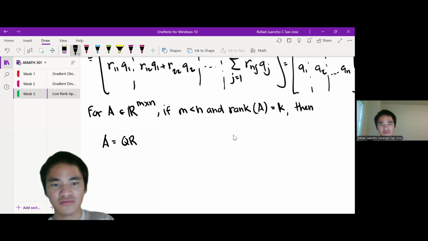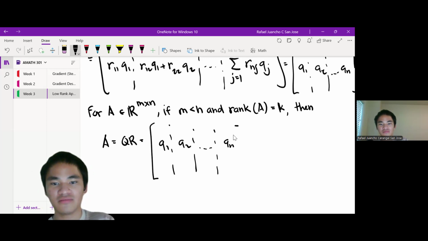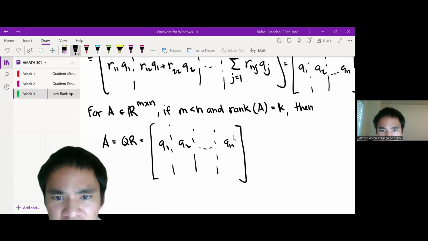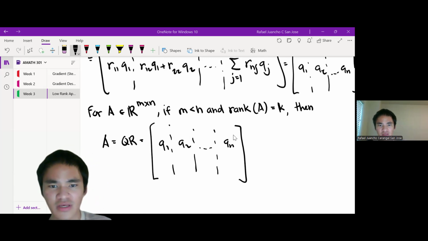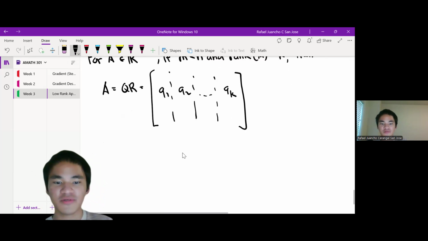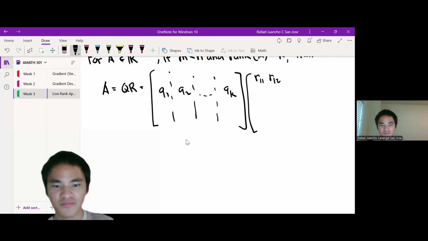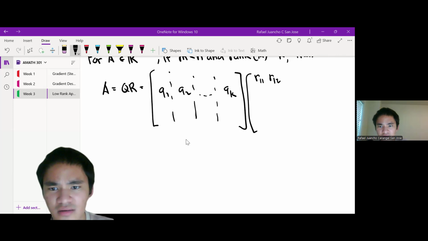So here we decompose it. We go Q1, Q2, all the way to Qn, or actually, no, in this case, it's k, Qk, so not Qn. Okay, I'm gonna go into more depth with these because I immediately went into something general. I'm gonna explore more of these decompositions. You have R11, R12, all the way to R1k, okay?